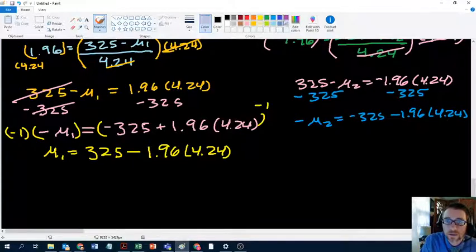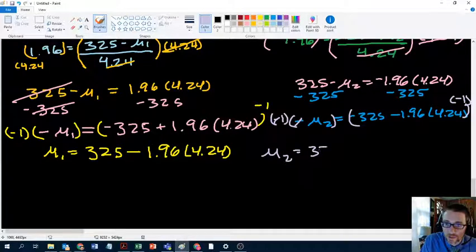Close it out. Multiply both sides by negative 1. These cancel. And now we get mu2 equals 325, because the negative becomes a positive, plus 1.96 times 4.24.